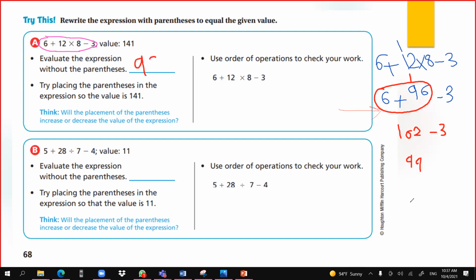So as you see, when you evaluate it without parentheses, you get 99.